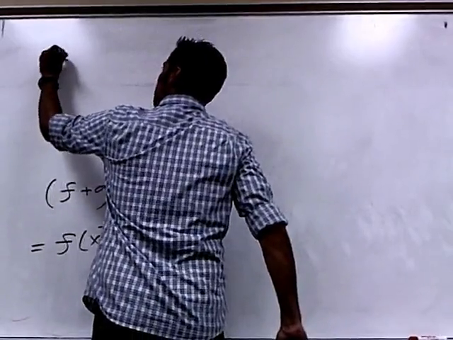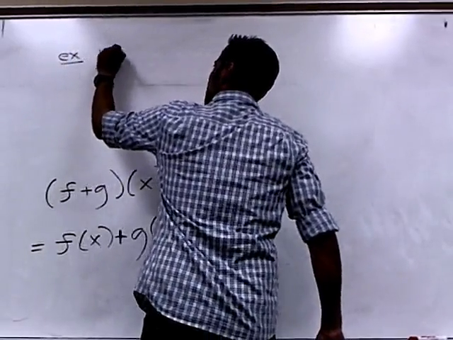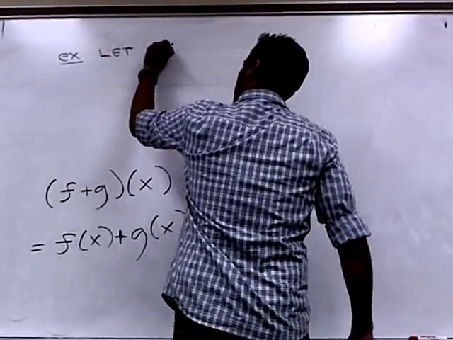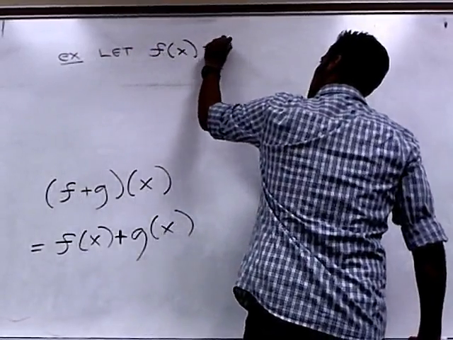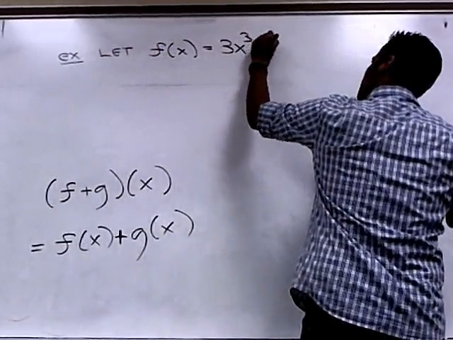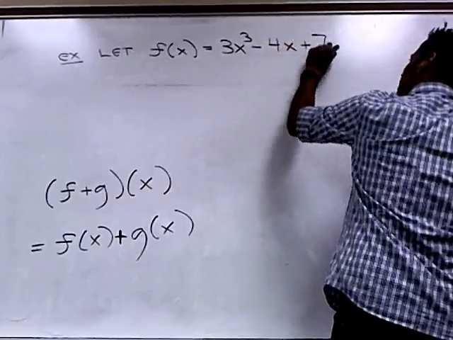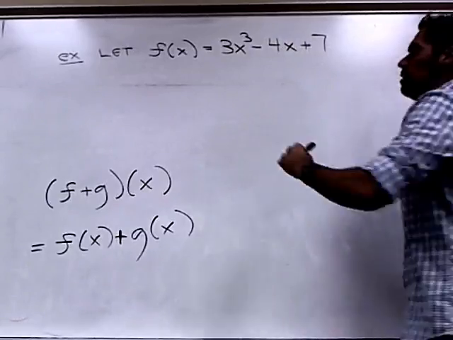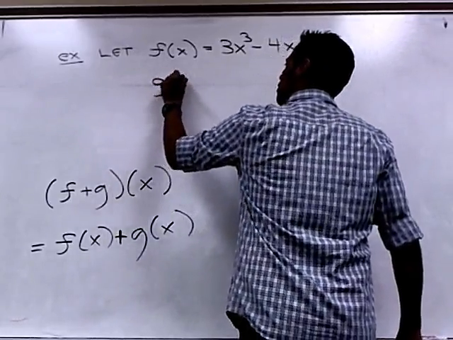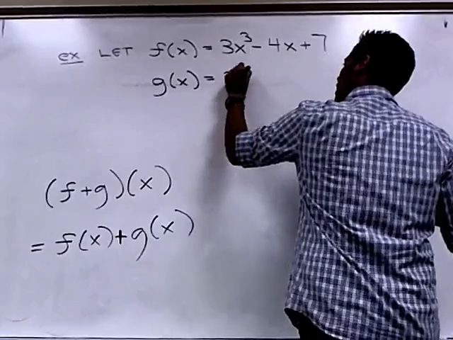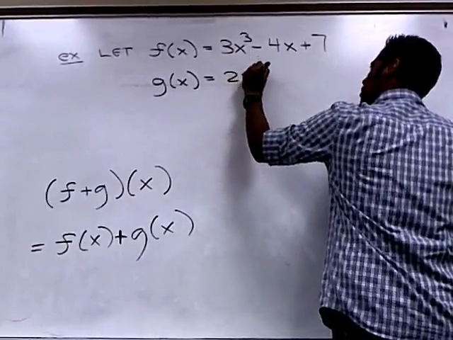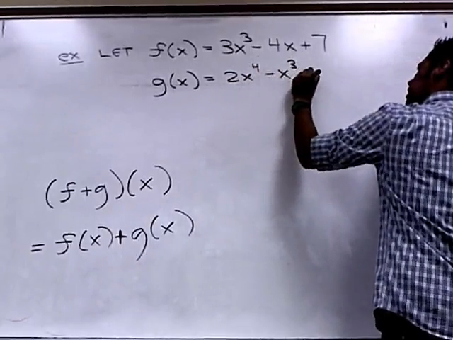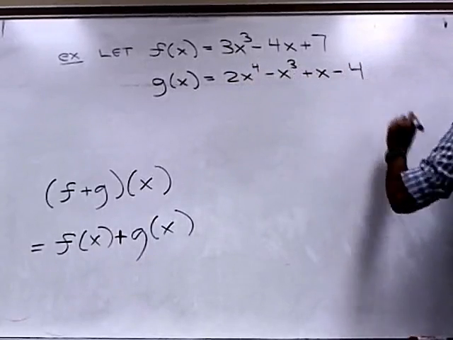So as an example, I say let f of x be equal to 3x cubed minus 4x plus 7. Let g be equal to 2x to the 4th minus x cubed plus x minus 4.